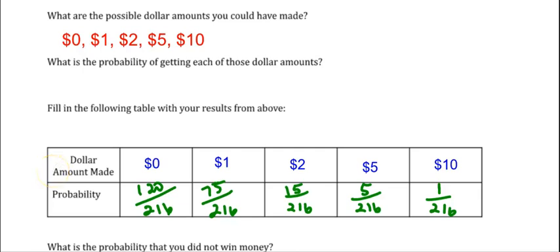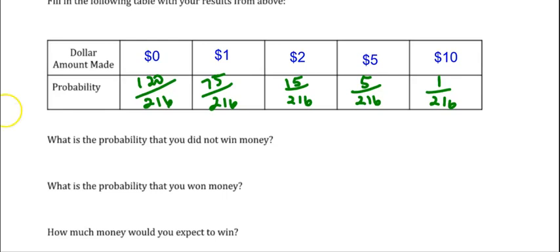So there are all of our probabilities in terms of winning the money. The probability that we did not win any money is the 120 over 216. The probability that we won money is the 96 over 216.